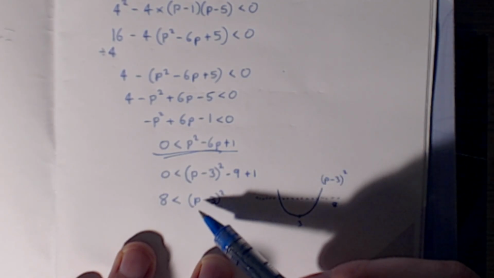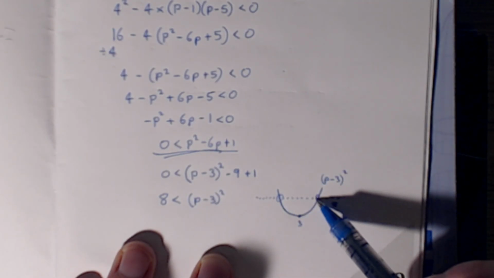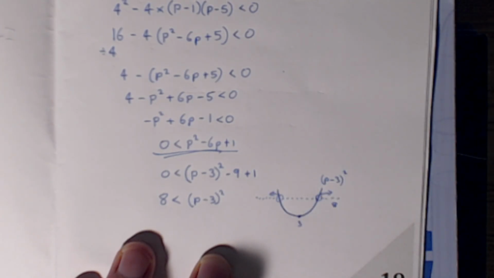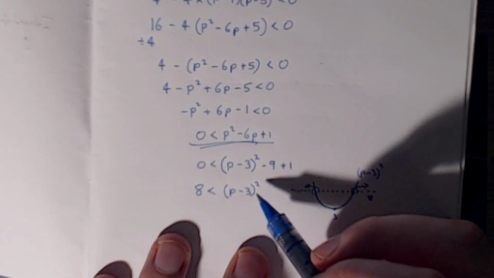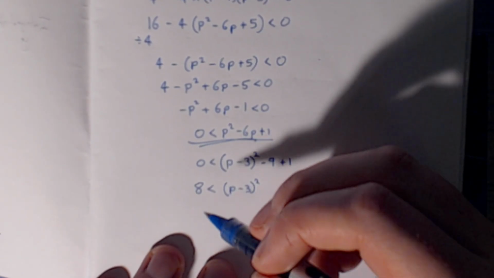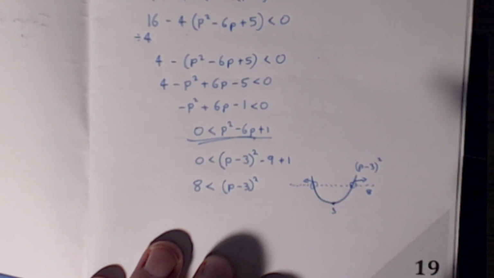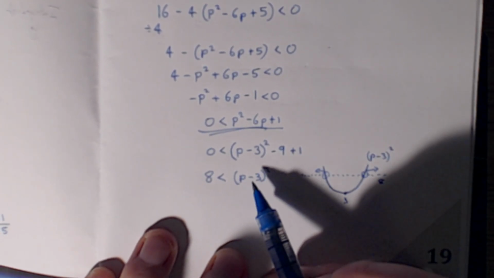We're looking for where (p minus 3) squared is greater than 8, which is on this side and this side. So we're going to generate two separate inequalities when we take this square root. Again, your calculator will do this entire thing automatically, but it's still good to know how to do.